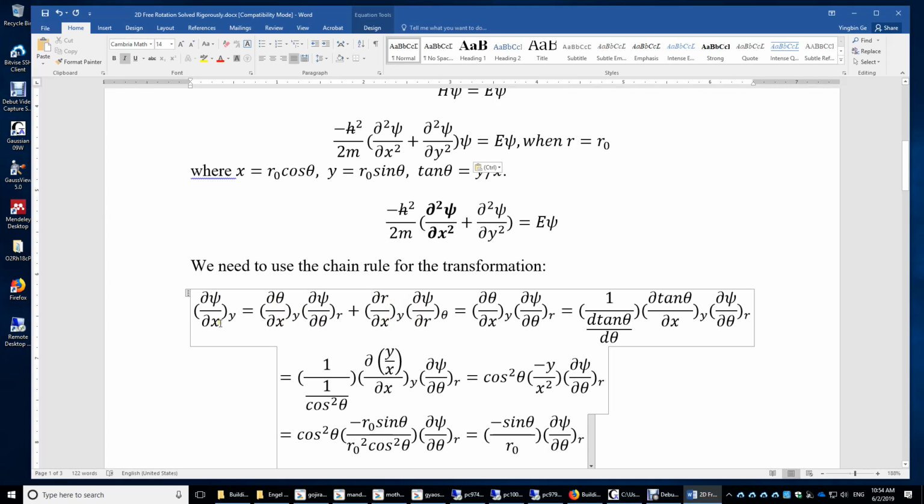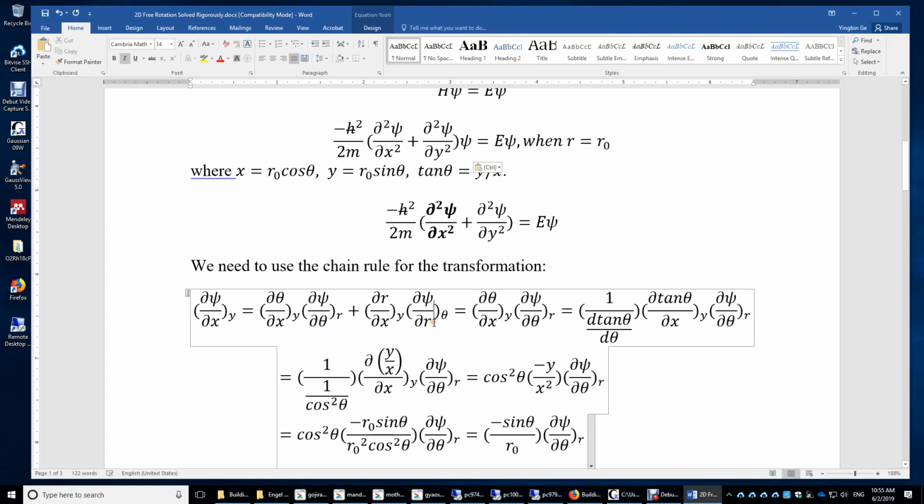Psi changes with x, and x is a function of r and theta. So over here, the physical meaning is if we change x, theta will change. When theta changes, psi changes. When x changes, r will change. When r changes, psi will change. Therefore, when x changes, psi changes with two intermediate variables, r and theta, being changed.